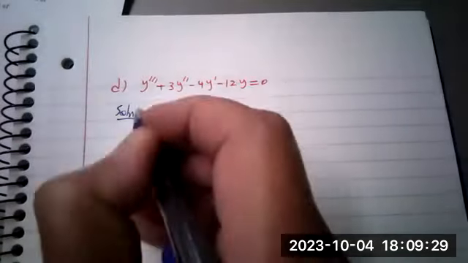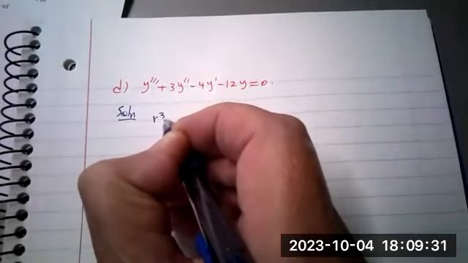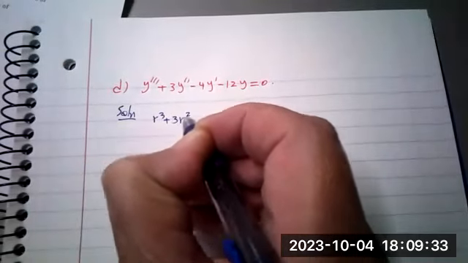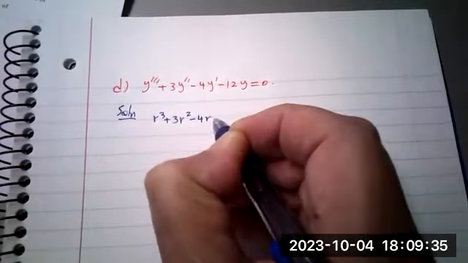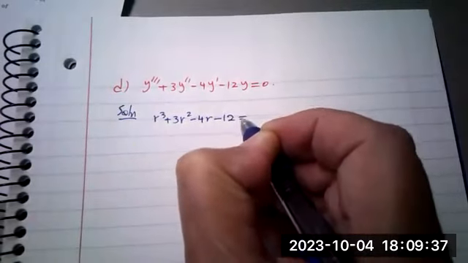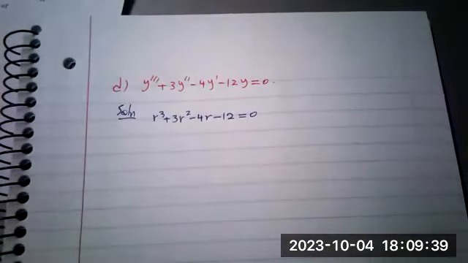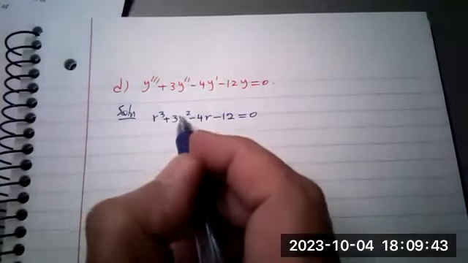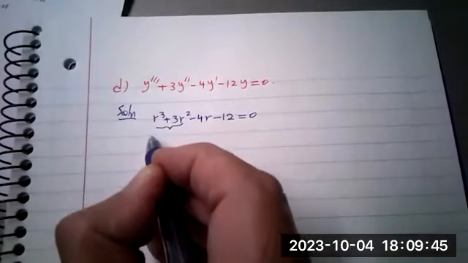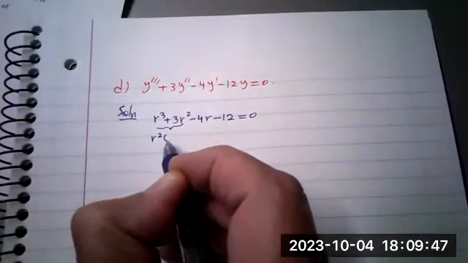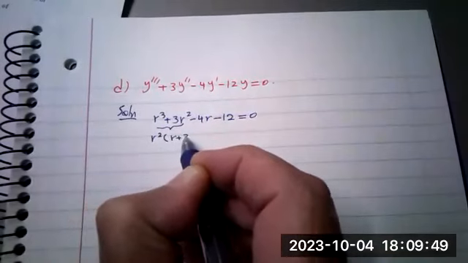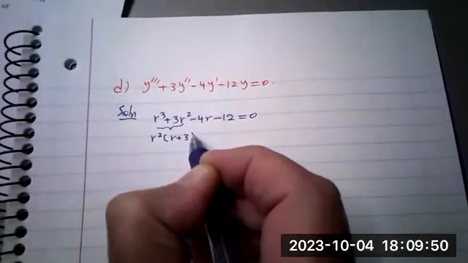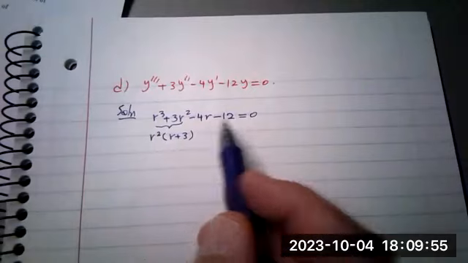r cubed plus 3r squared minus 4r minus 12 equal to 0. Since it's a 4 term, you check factoring by grouping first. r squared, okay, so you factor these two, you take out the r squared. So the leftover would be r plus 3. We want to make r plus 3 over here again. So that's negative 4, so you pull out the negative 4.